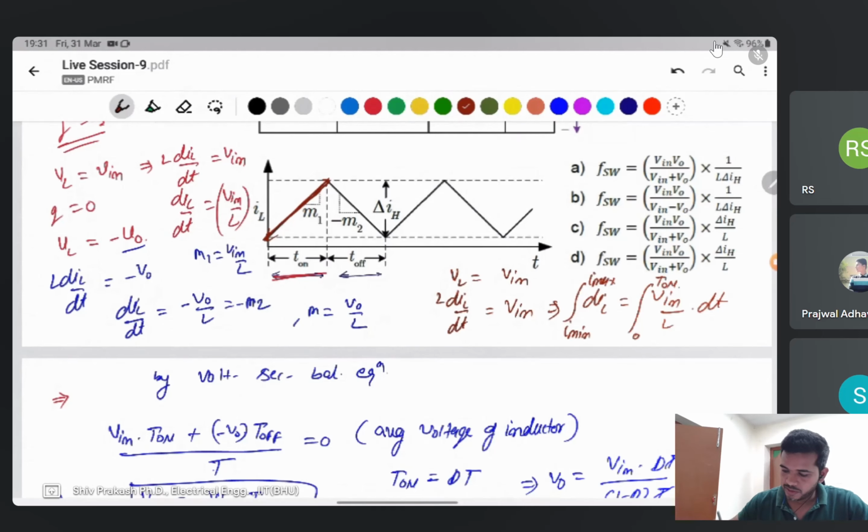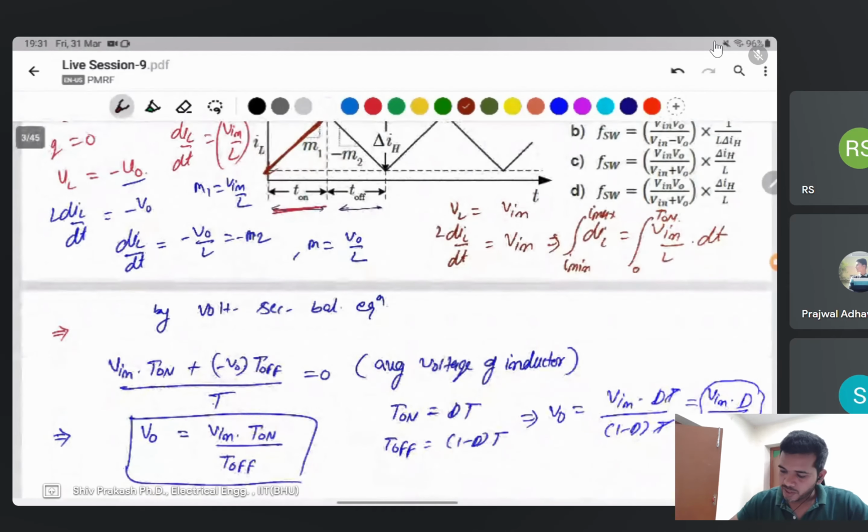Here if you integrate this one, you find IL maximum minus IL minimum, the same as delta IH, is equal to V in divided by L into T on.